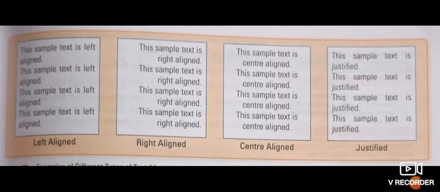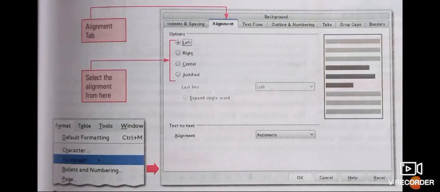Now, how do we change the alignment of the text? There are 2 ways. Either we change it from the formatting toolbar by clicking the different alignment icons. All 4 alignment icons are present on the formatting toolbar: left alignment, right alignment, center alignment and justified alignment. The second way, we have to click on the Format option.